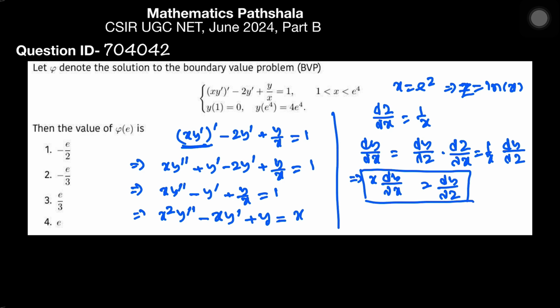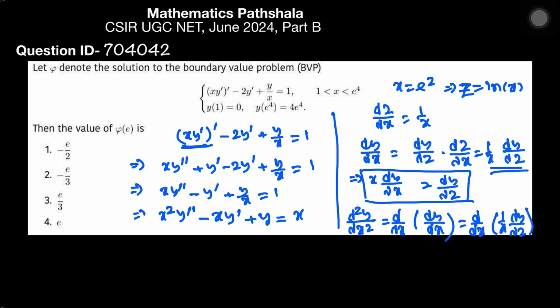Now we have to find d²y/dx². d²y/dx² can be written as d/dx of dy/dx, and dy/dx equals what? (1/x) dy/dz. So d/dx of (1/x) dy/dz.